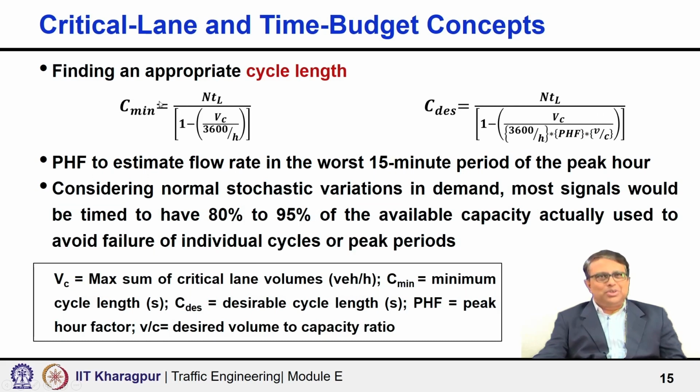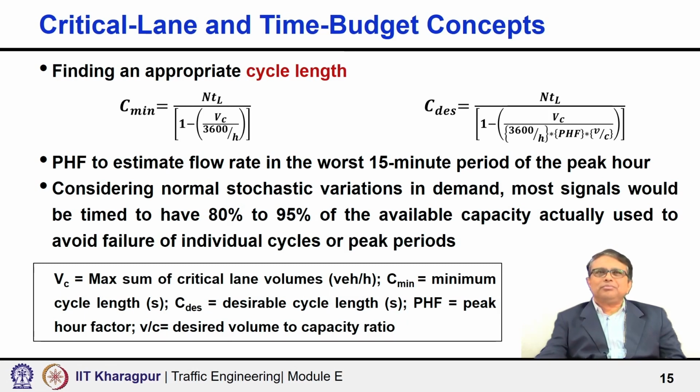So, that is the minimum cycle length required, as a function of N, TL, critical volume and H. Now, this gives you the minimum cycle length, but when we propose, we propose what we call the design cycle length. From minimum cycle length to design cycle length, there are two additional considerations.